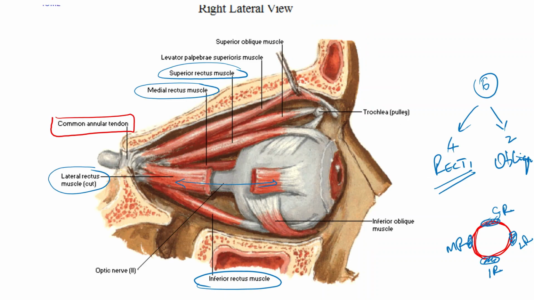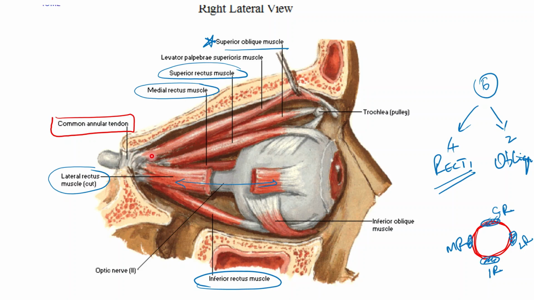As we can see here, the superior oblique arises from the undersurface of the lesser wing of the sphenoid and medial to the common tendinous ring. So this is about the origin of the superior oblique muscle.